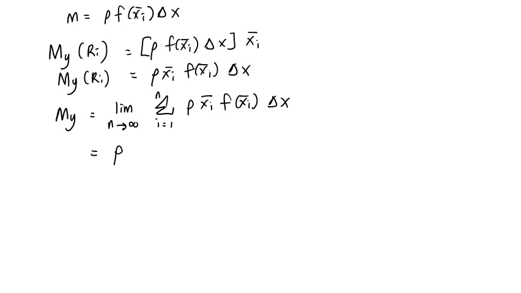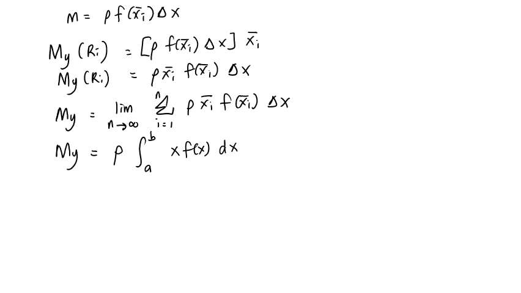You take out the rho because it is constant, and since we divide the interval from a to b, then just x f(x) dx. Okay, so this is the approximation to find the moment about the y-axis.